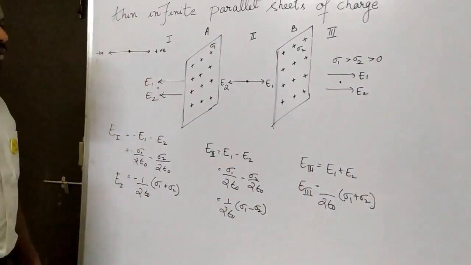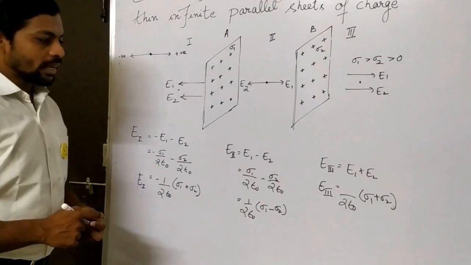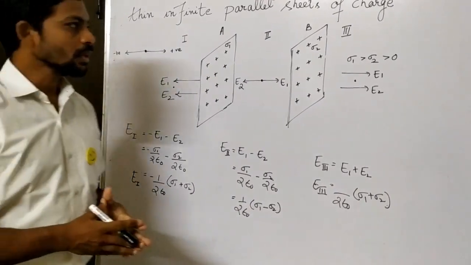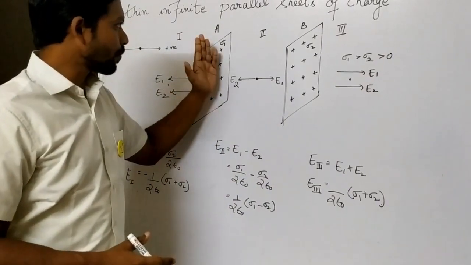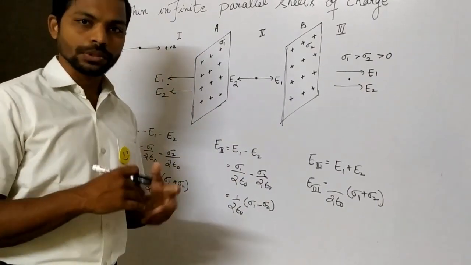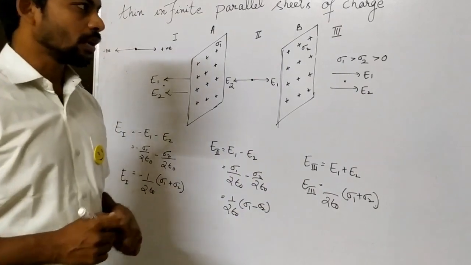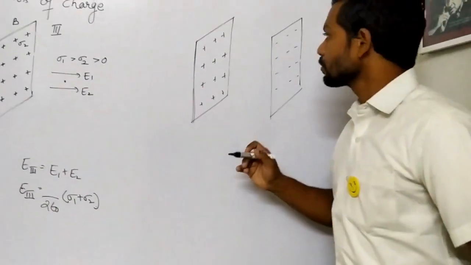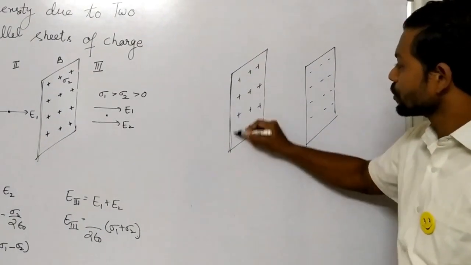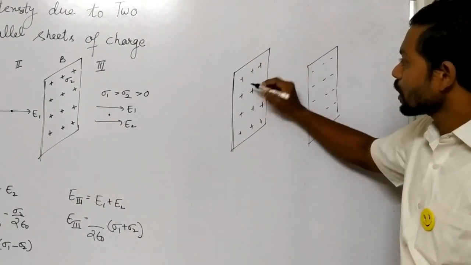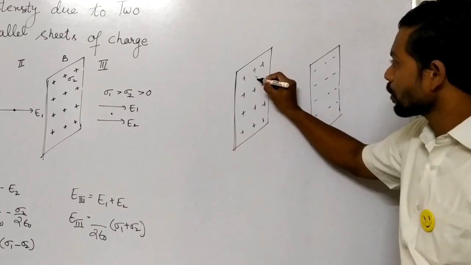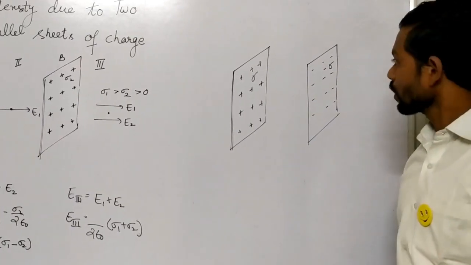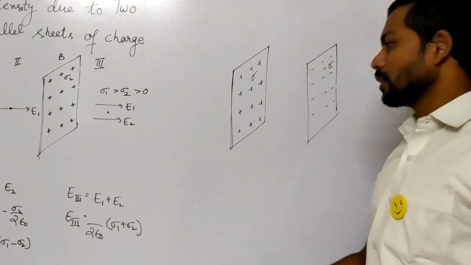Right. So I am going to tell you one exceptional case. If the surface charge densities are equal and opposite, we have very different results. Let us say one sheet has positive charge, plus sigma, and the other has minus sigma. In this case, let us see the result.